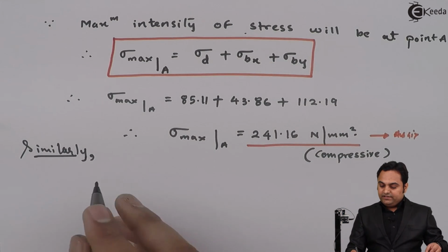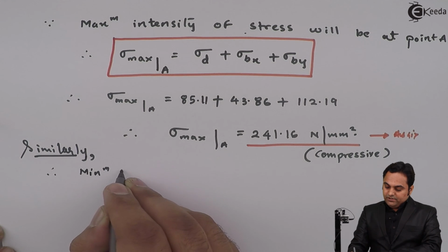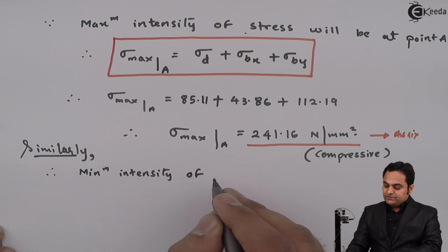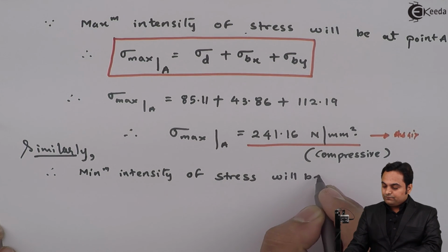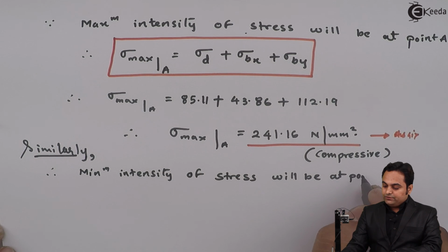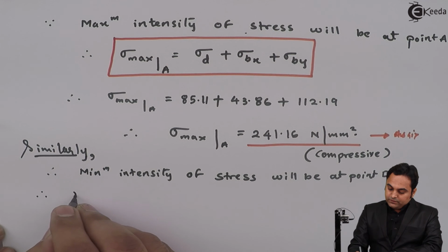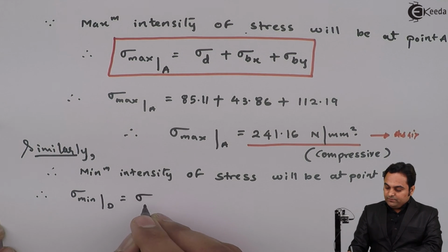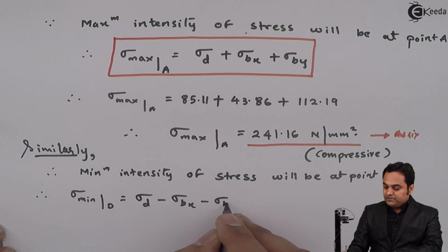So here I'll say that therefore minimum intensity of stress will be at point D. So therefore sigma minimum, it is at point D, and that will be direct stress minus bending stress about x minus bending stress about y.